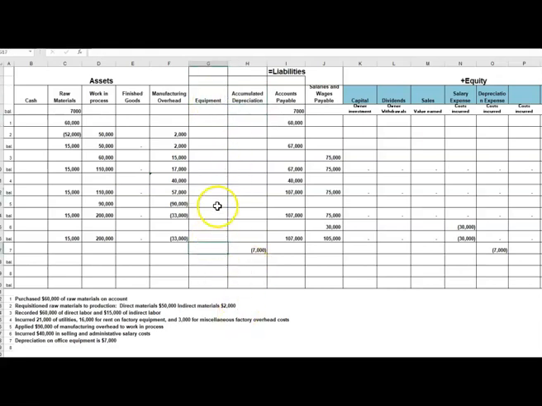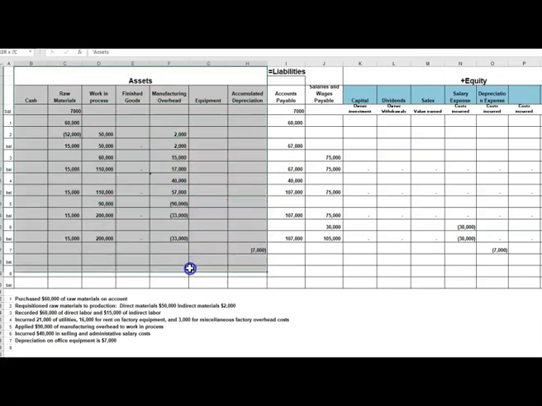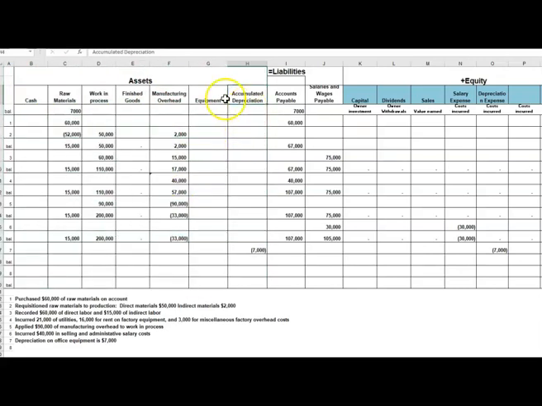Of course, I don't have anything in my equipment account because this is just an example exercise, but I just wanted you to see that it goes next to equipment, and it's known as a contra asset. All right, so I'm going to go ahead and merge and center these cells so that you can see that all of these are under the asset category. This is just called a contra asset, but it goes under the asset category.